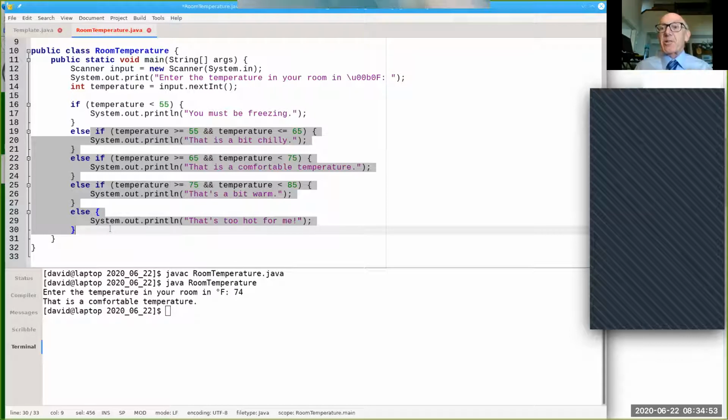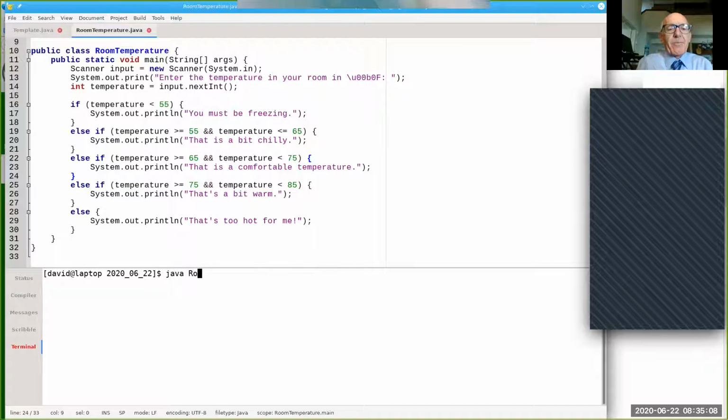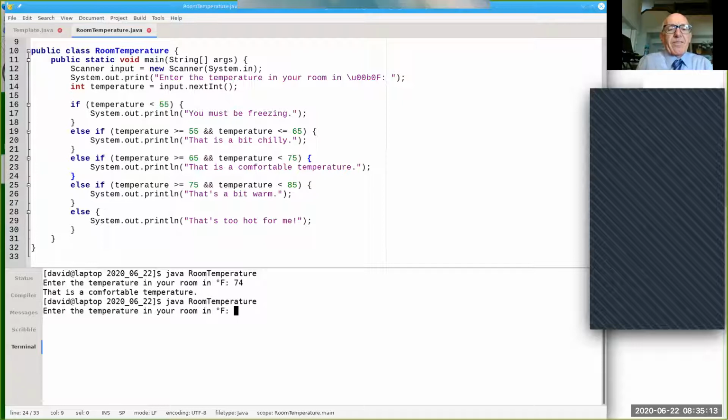Do you see the advantage already? In fact, let's recompile that and rerun it. 74, 51. Now, here's the interesting part. Because I have made this an if-else-if chain, I no longer need to do as many tests. When I had them as separate if statements, I had to do a lot of testing.